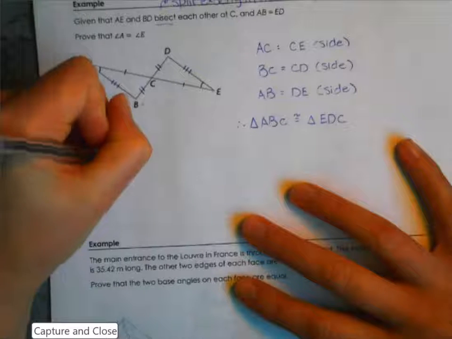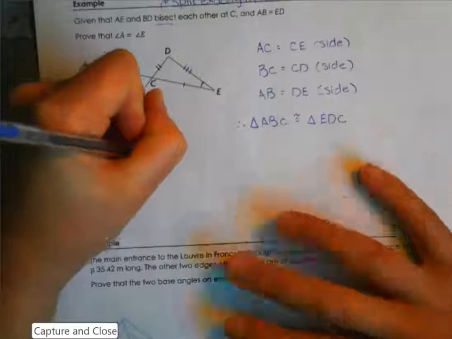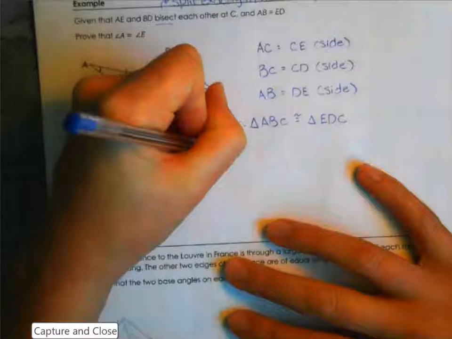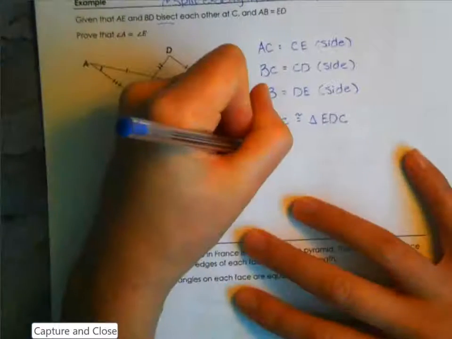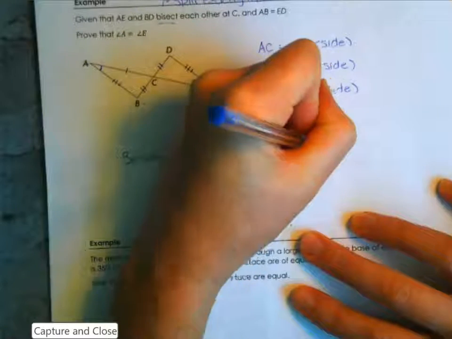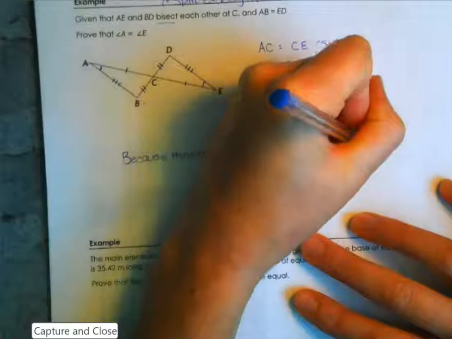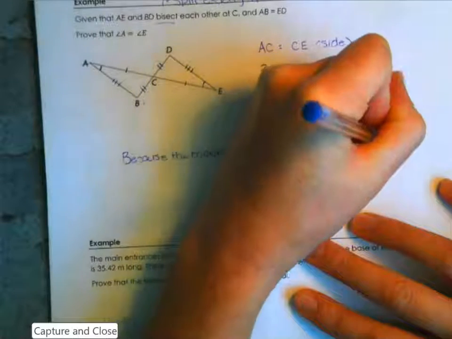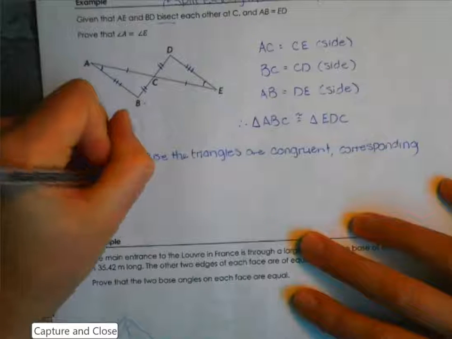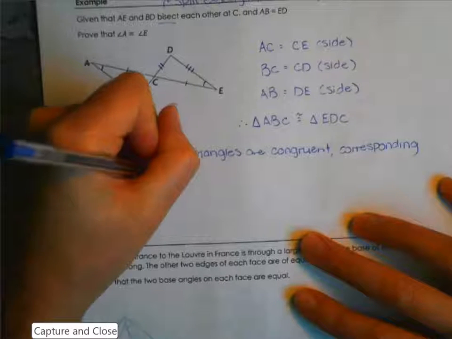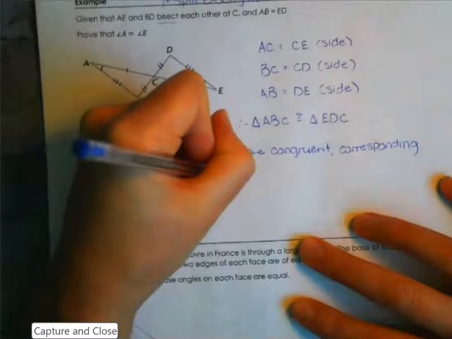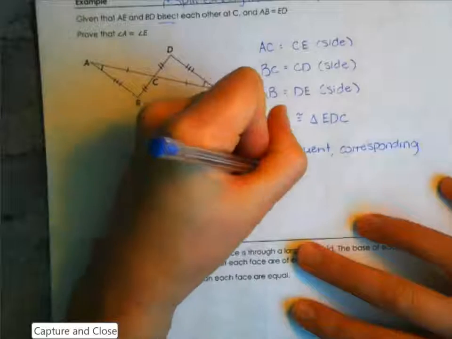So because the triangles are congruent, corresponding angles are equal. Okay, and so then we can say angle A equals angle E.